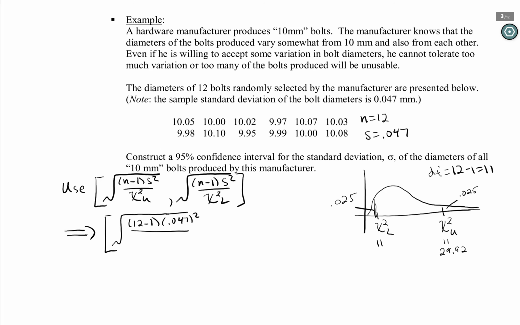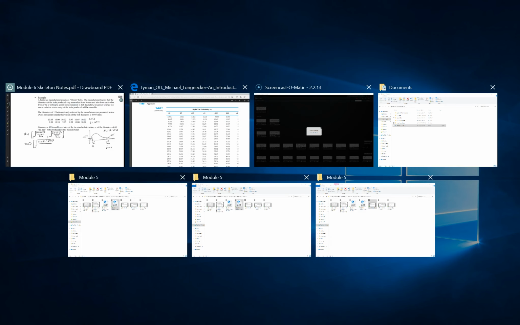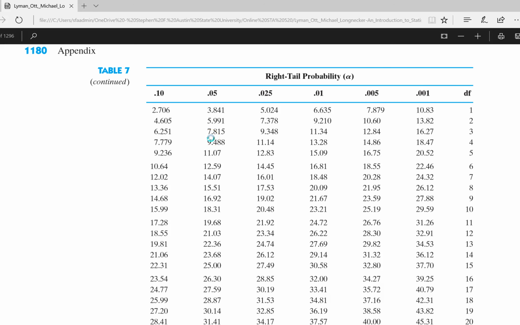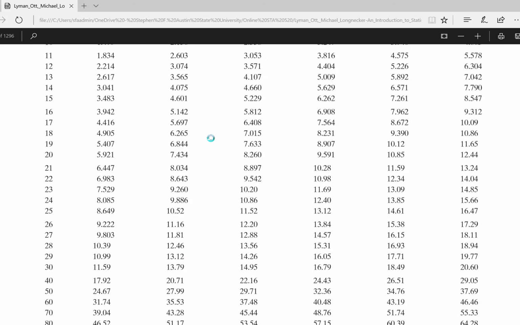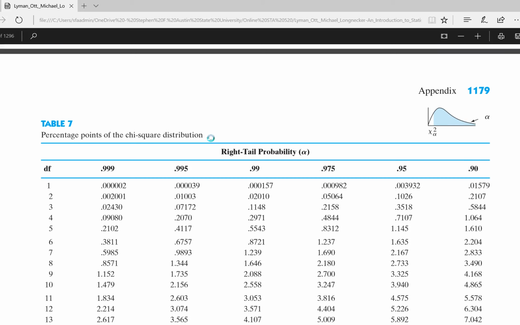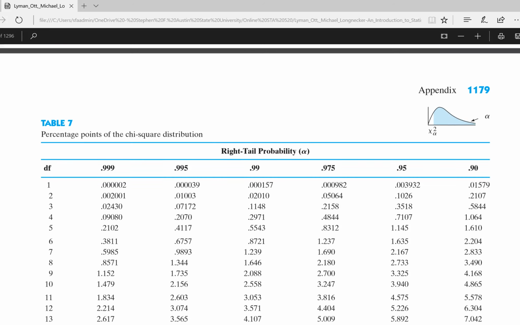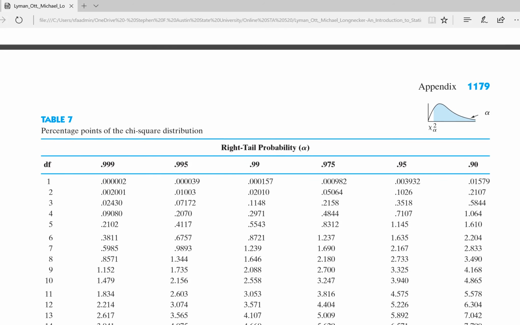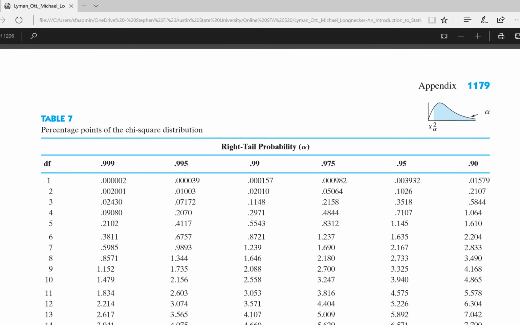Chi squared L is that lower value. So I'm going to go back to the chi squared table here. Again, this is giving right tail areas. So if my left tail area is going to be 0.025, my right tail area has got to be 0.975.